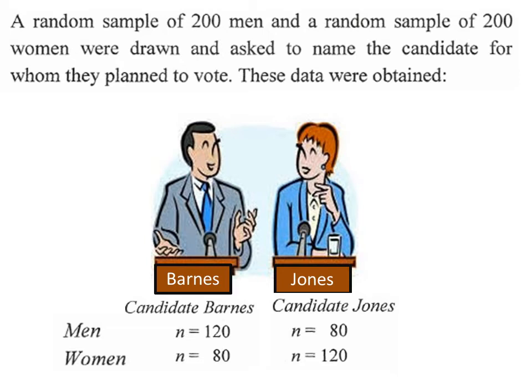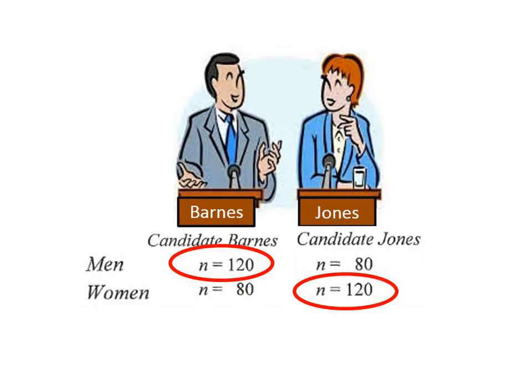It is an N of 80. 80 men say they will vote for candidate Jones, and 120 women say that they will vote for candidate Jones. So the data suggests that candidate Jones is a stronger candidate among women, and candidate Barnes is a stronger candidate among men.